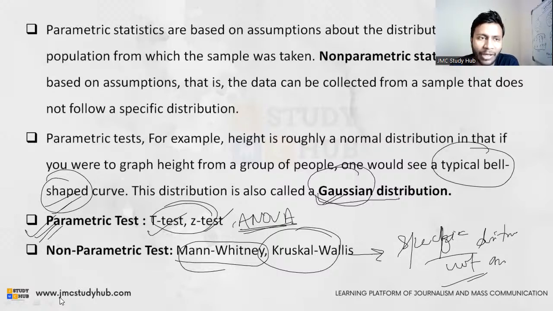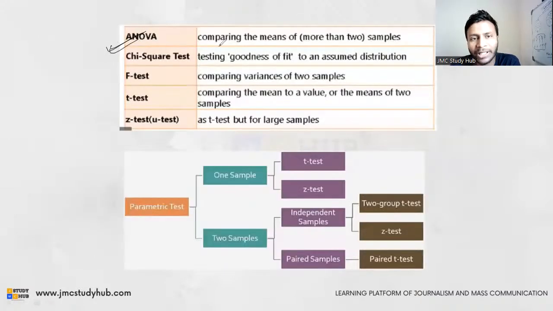See here, what does ANOVA mean? ANOVA is comparing the means of more than two samples. If the definition is given and it is asked what the test is known as, right? What is the terminology of the test? Okay, so if a definition is given, you have to understand by looking at this definition what the term will be.